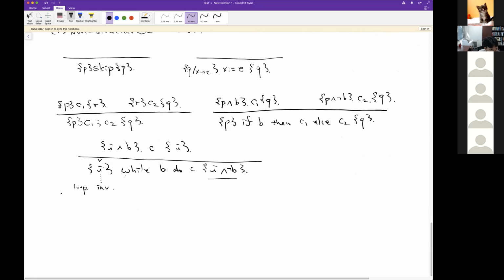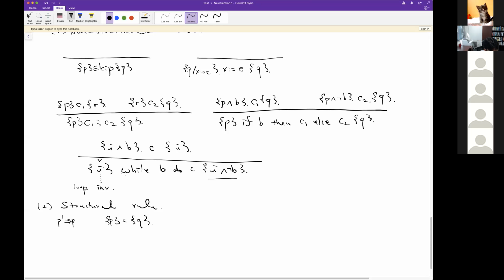Then let me just write down the last bit, which is the rule of consequence, a structural rule. There are many structural rules, but there's one rule that we will look at, which is the rule of consequence. The rule says, if we prove some {P} C {Q}, then we can strengthen the precondition.